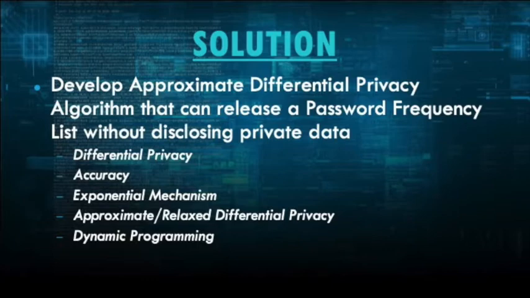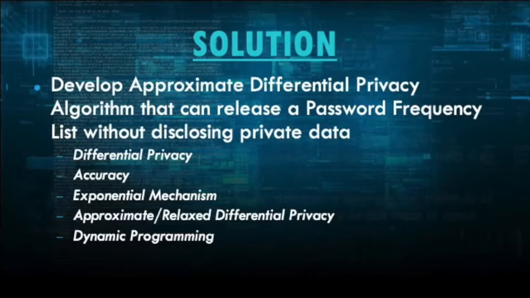We will go through why it is important to implement differential privacy, why it is important to remain accurate, the exponential mechanism, approximate or relaxed differential privacy, and dynamic programming as part of this implementation.